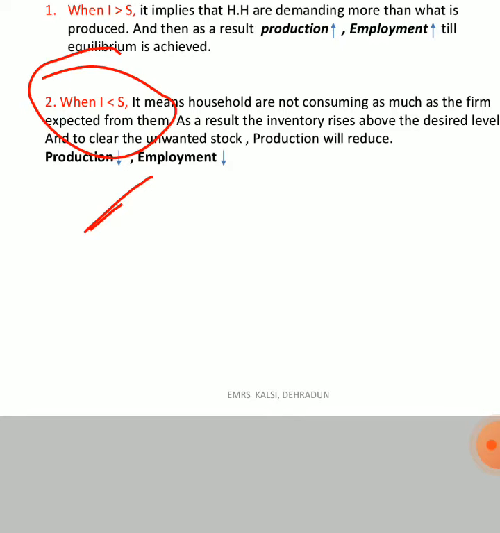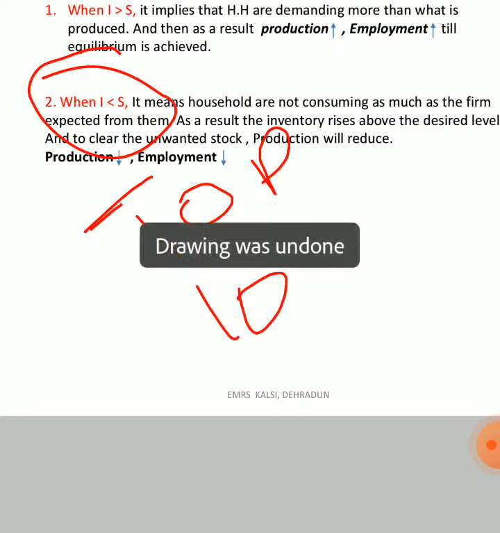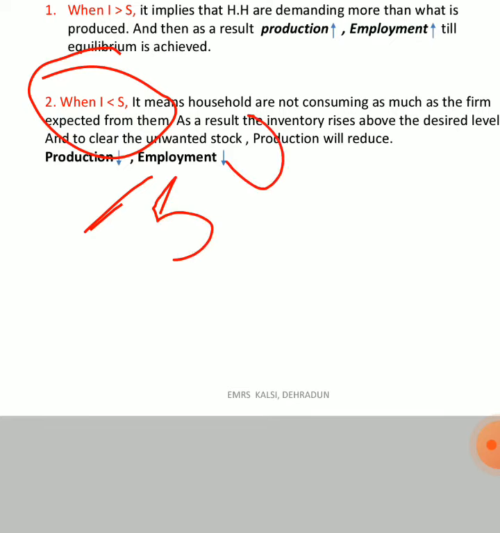Why? How? Because if 10 people are producing 10 units of good, but now the demand is reduced, so the producer wishes to produce only 5 units of good. So now if 10 people were producing 10 units, he will remove some people from the job.